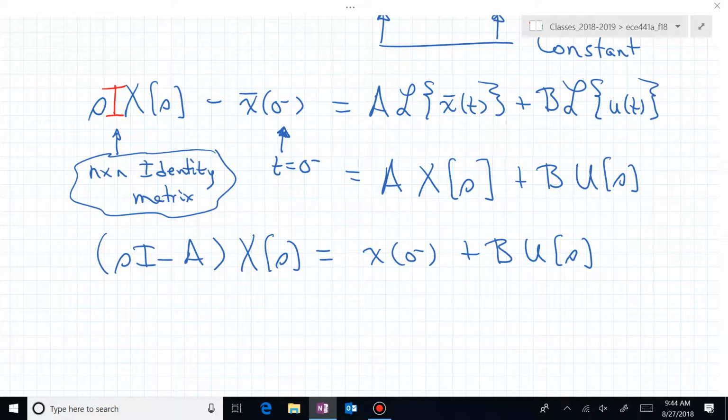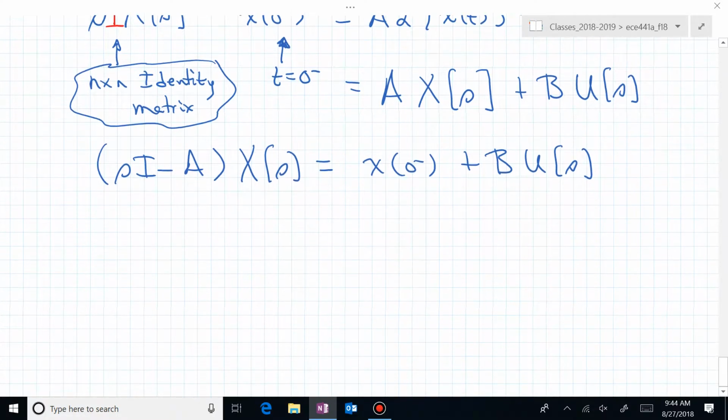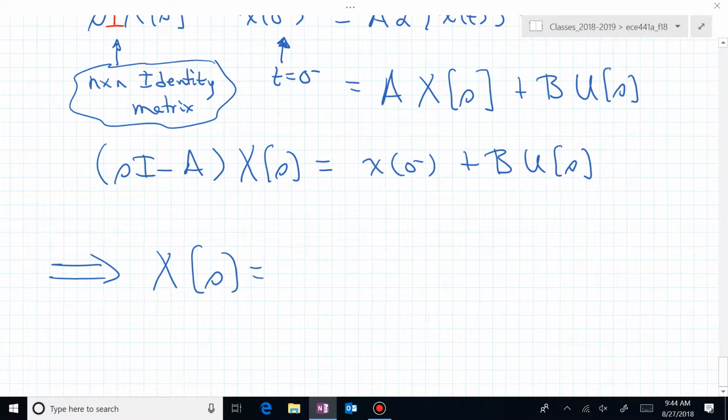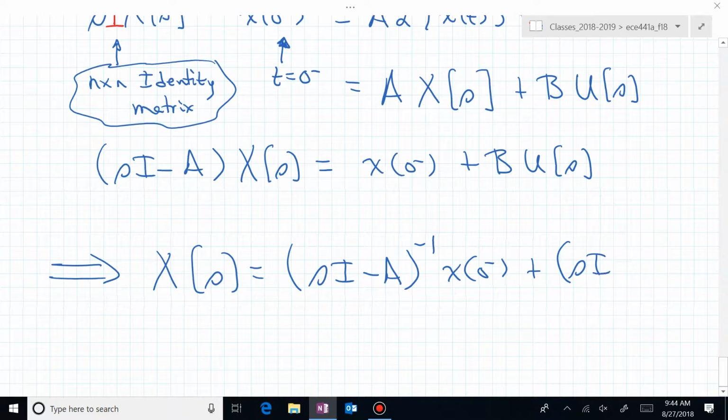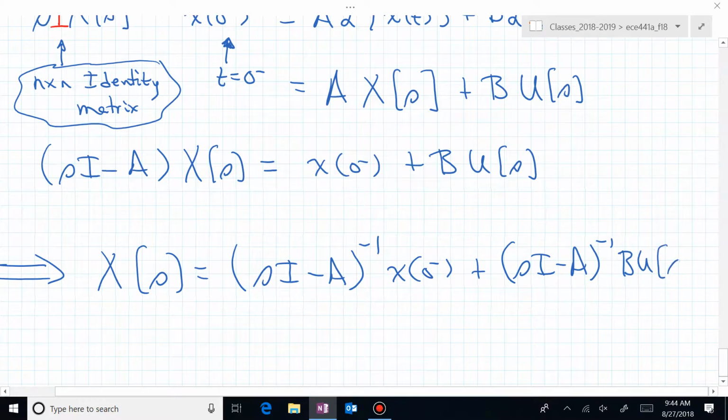Or we're solving now for capital X of S. Capital X of S is now SI minus A inverse X of 0 plus SI minus A inverse B U of S.